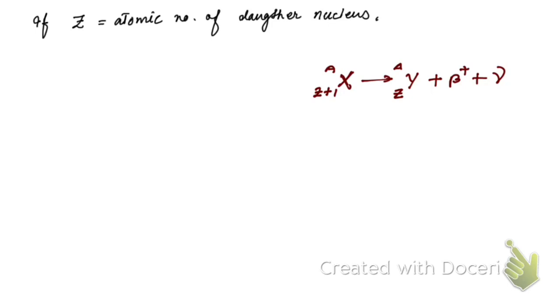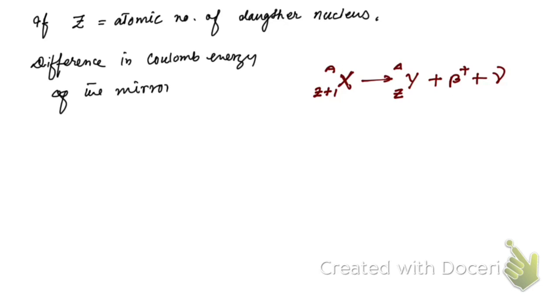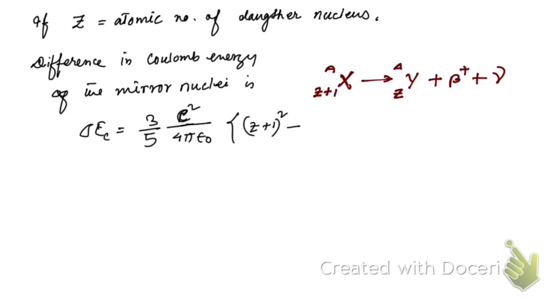the difference in Coulomb energy of the mirror nuclei is delta E C, which will be given by 3 by 5 into 1 by 4 pi epsilon naught into e square by R, then (Z plus 1) whole square minus Z square.